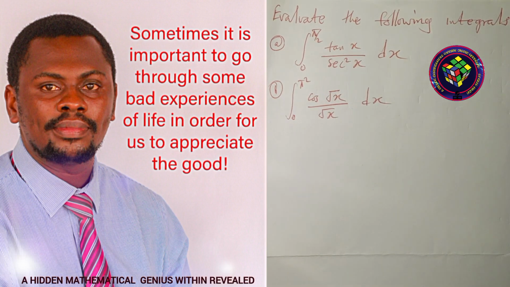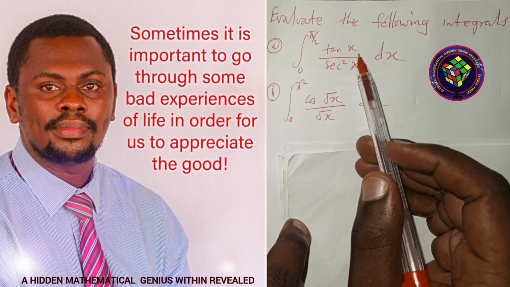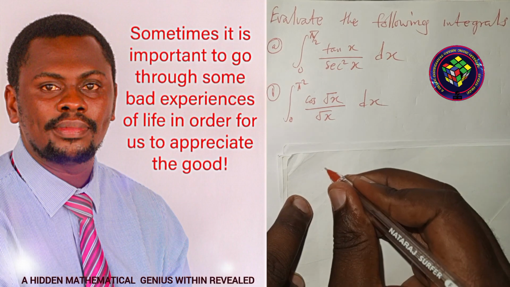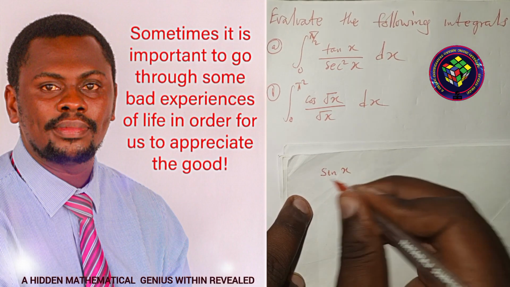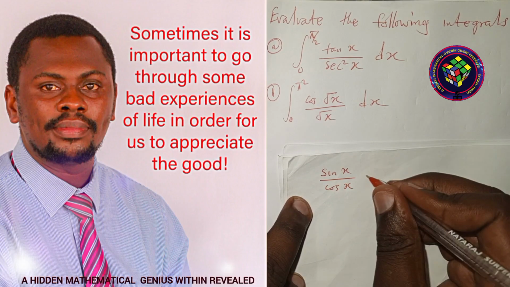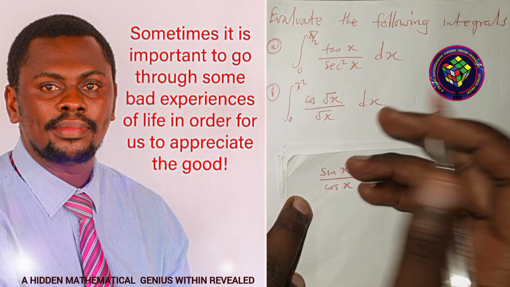Okay, so first thing, we need to simplify the fraction here, tan x over sec squared x. We know that tan x is sine x over cos x. Then we are dividing by sec squared x.